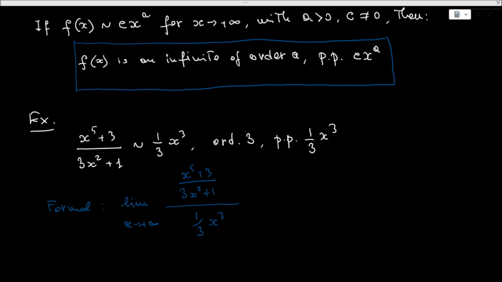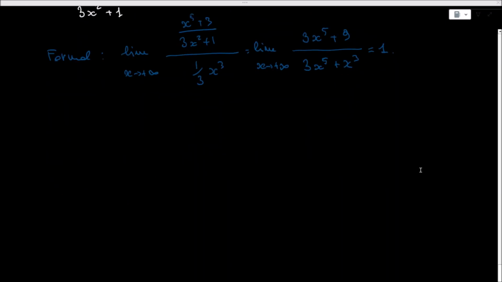But this is just the limit as x goes to plus infinity of 3 times x to the fifth plus 9 on top, and then we have 3x to the fifth plus x to the cube. And because when x goes to plus infinity what really counts is the larger power, we immediately realize that this is just 1.